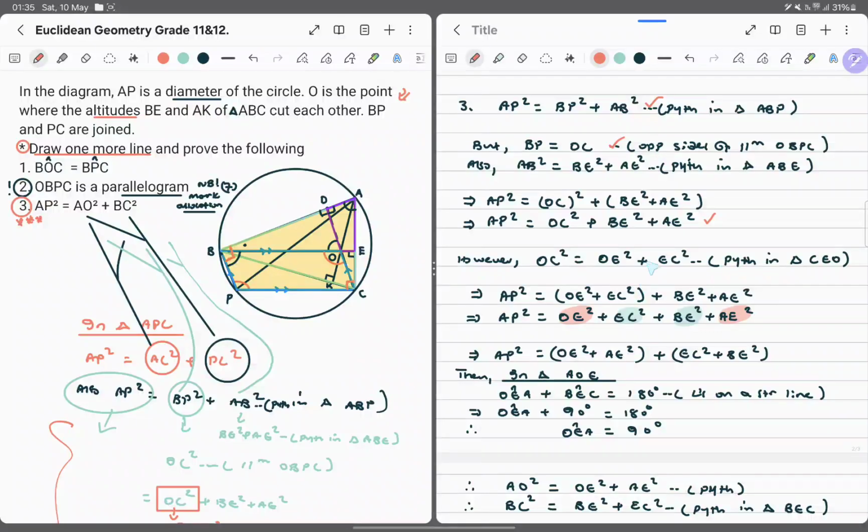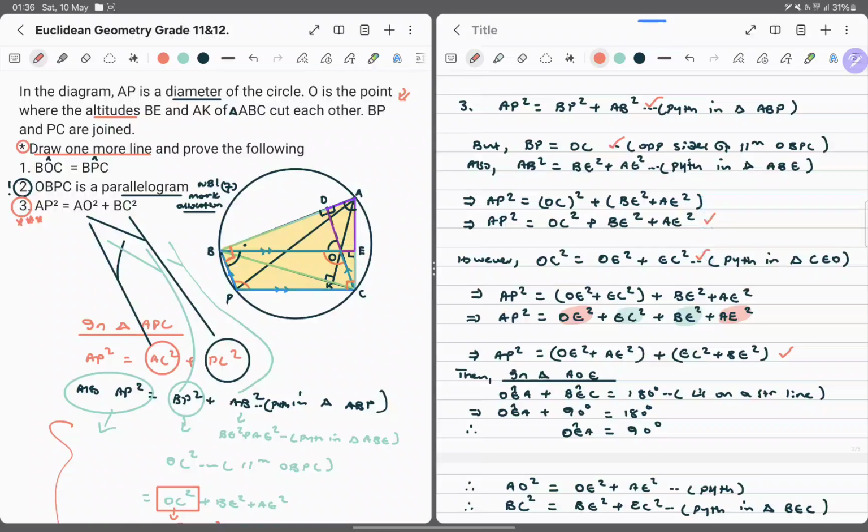Now, defining OC as well is a bit key. And then this substitution doesn't really matter now, but what matters is this grouping.